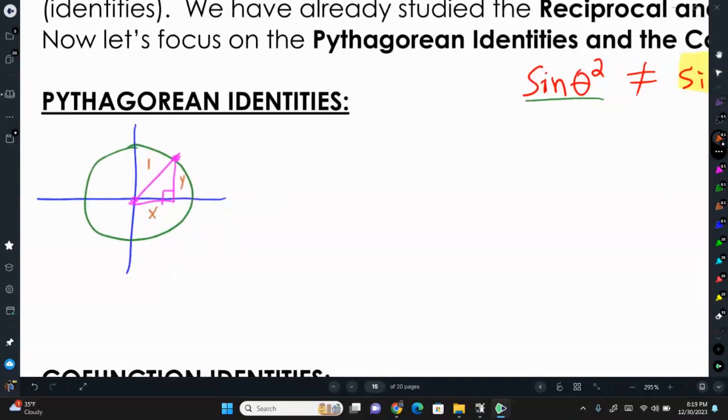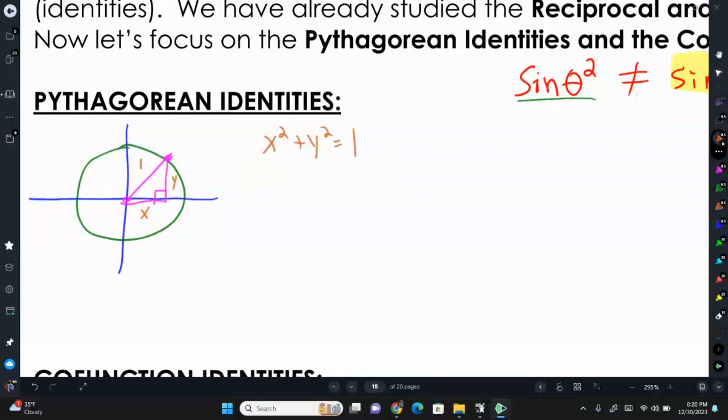So by the Pythagorean theorem, x squared plus y squared equals 1. But using the trig substitution, cosine squared theta plus sine squared theta equals 1. That is the most basic Pythagorean identity because it comes right from the Pythagorean theorem.